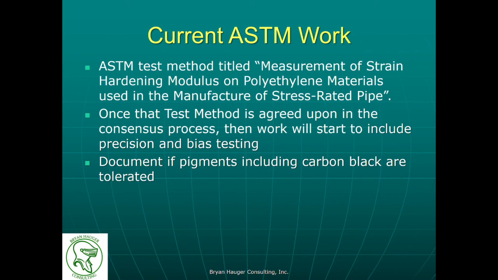A particularly favorable outcome would be to obtain an ASTM test method that retains any critical aspects of the ISO test method. I believe it is also critical to understand if carbon black and pigments can be included in the resin studied, or if the test is only applicable to natural resins.